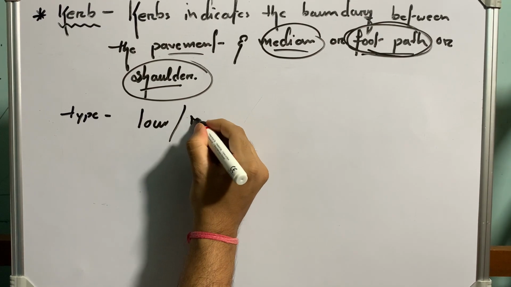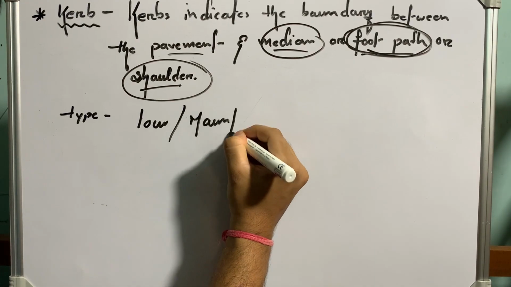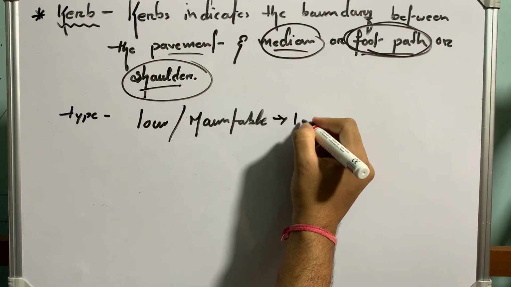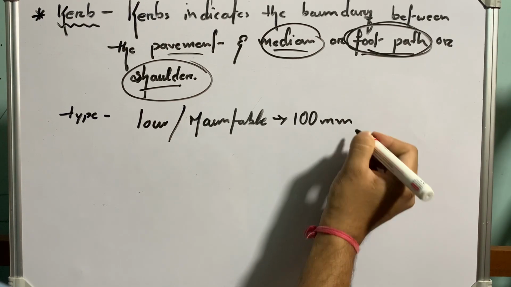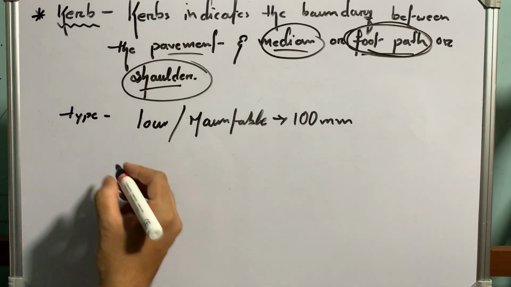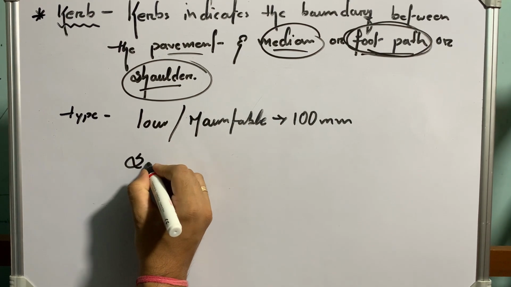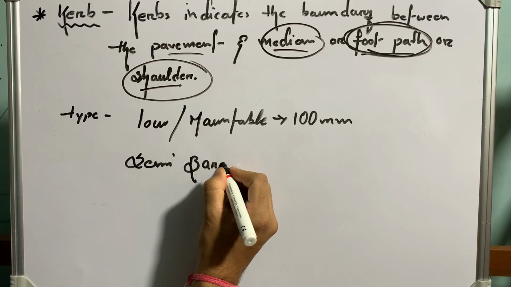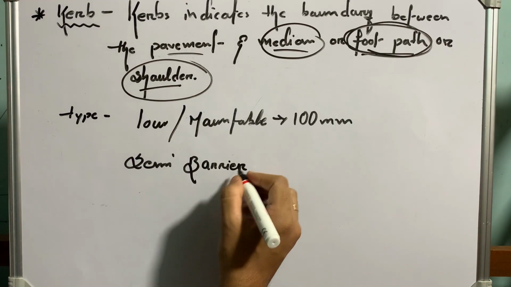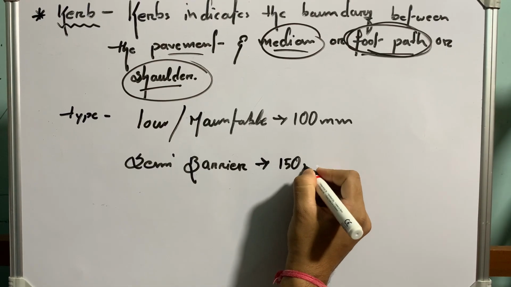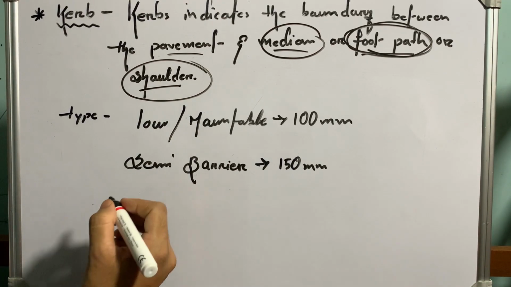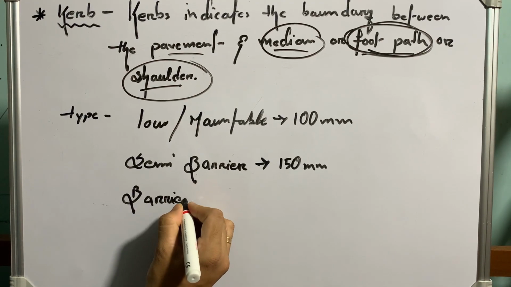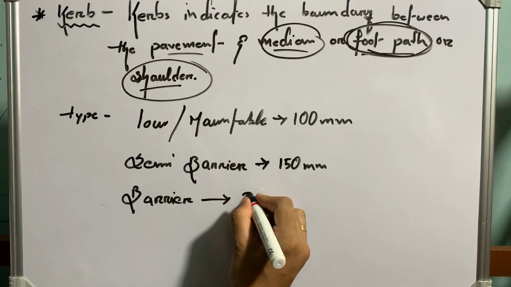The first type is low or mountable, and the height of the kerb is 100 mm. The second type is semi barrier type, and the height of the kerb is 150 mm. And the third one is barrier type, which is 200 mm.